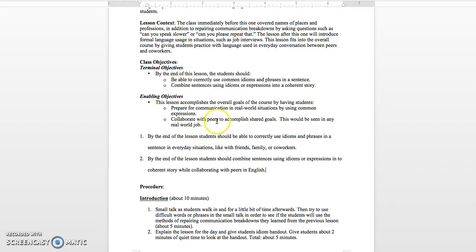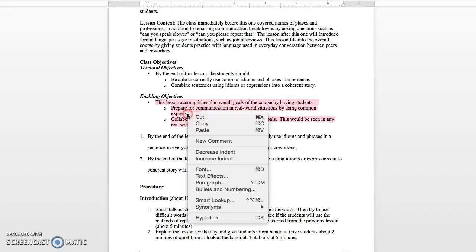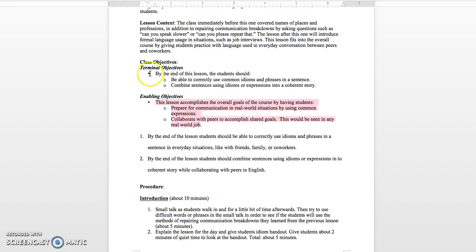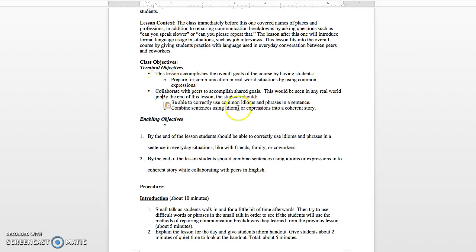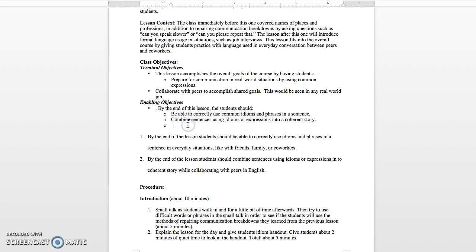So what I would do is switch these out and make the terminal objectives the enabling objectives and vice versa, and then I would put the terminal objectives where the enabling objectives were, okay?